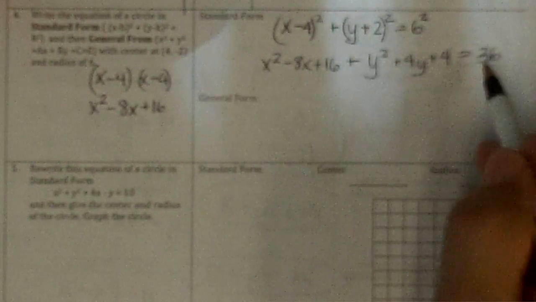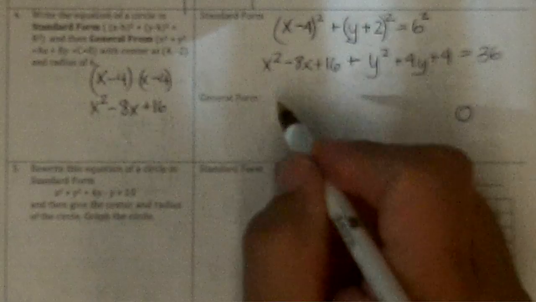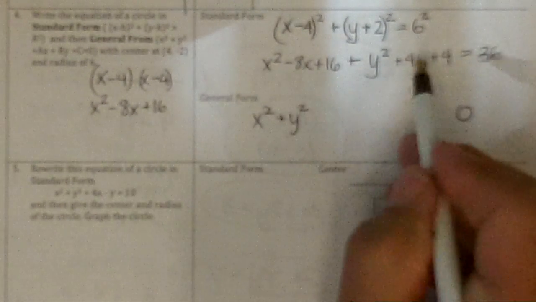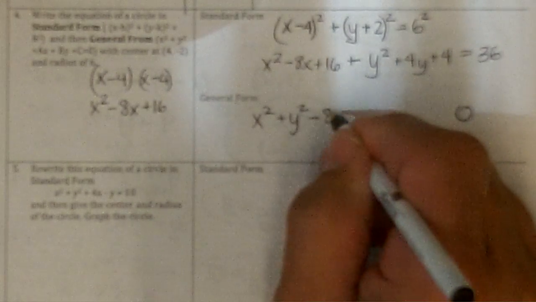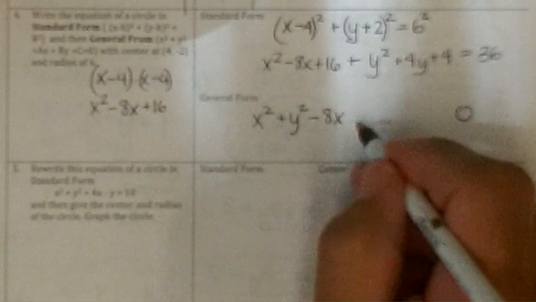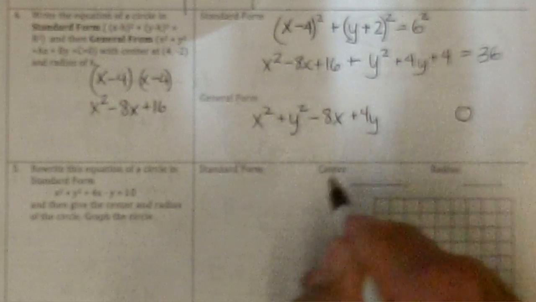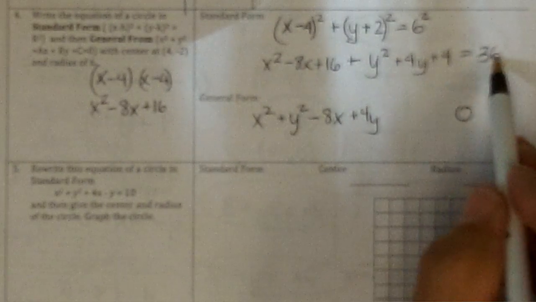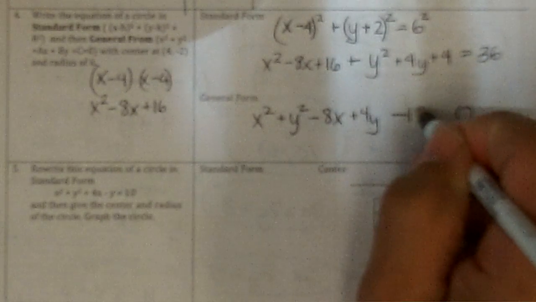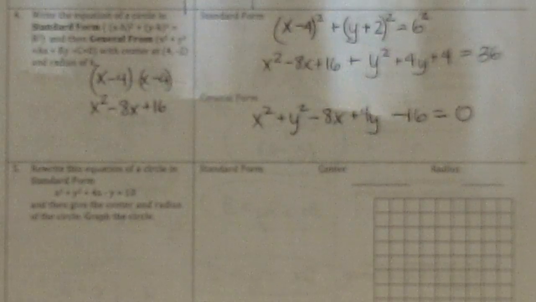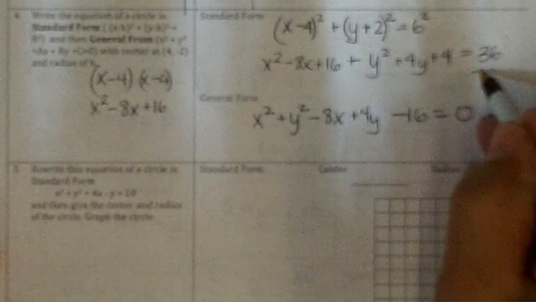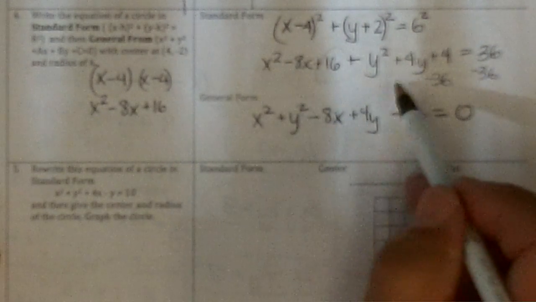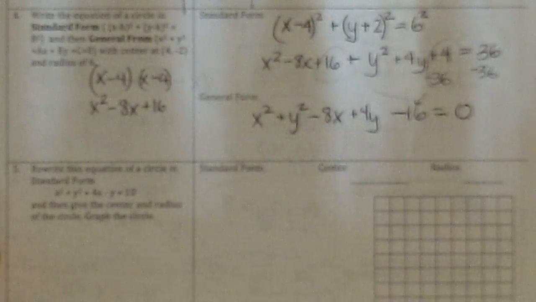Now to get it in general form, we get it equal to 0. So we got x squared plus y squared minus 8x plus 4y. And then we have 20 on this side, and subtract 36 from both sides, so it would make minus 16 on this side equals 0. And I put those three numbers together to make the minus 16.